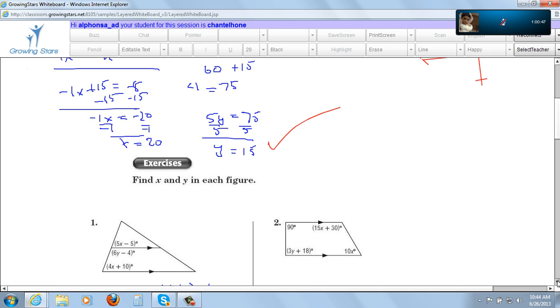Can you just mention the reason? Because they are both consecutive interior. If they are consecutive interior, what is their property? Are they congruent? No, they are supplementary, right? Then you have to subtract from 180.